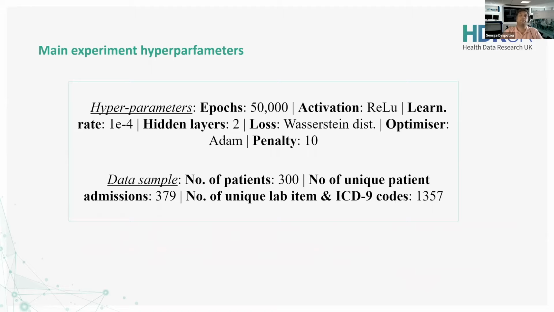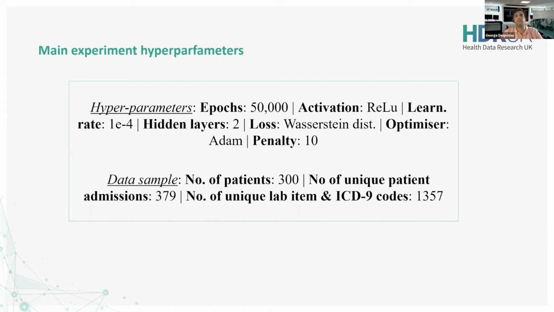This is just an overview of the hyperparameters of the last experiment. 50,000 epochs, the ReLU activation function, 2 hidden layers, Wasserstein distance, Adam optimizer, and penalty of 10. And the data sample was 300 patients who had 379 admissions to hospital.